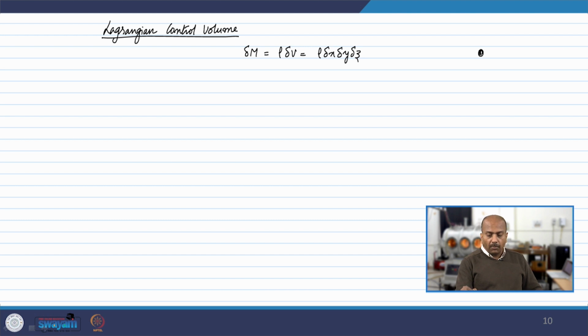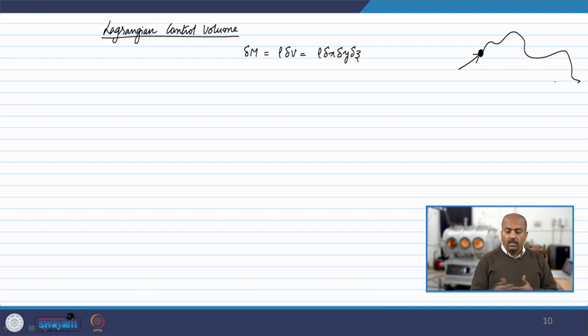So, you have this small packet of the fluid. You are looking at this fluid, and this mass is going everywhere, following and moving along with the fluid, right. Now, obviously, since movement is involved, we cannot find the change only with respect to time. We have to invoke the total derivative.